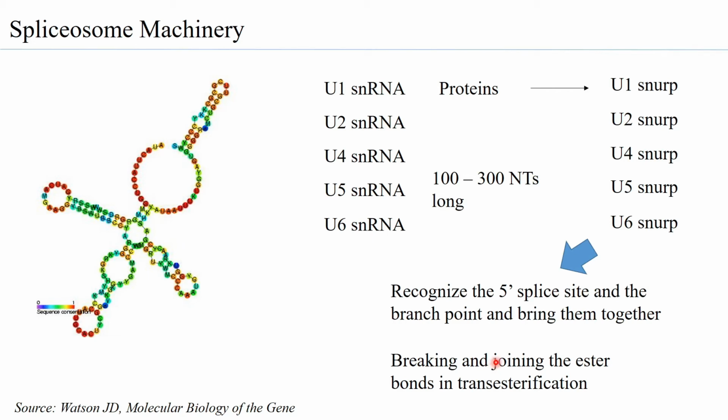These require ATP. But the catalytic reaction itself, that is the formation of a new ester bond by breaking an old ester bond, does not need ATP, because the breaking of one of the ester bonds releases enough energy to form the other ester bond. So that is something that is very interesting in the spliceosome machinery.